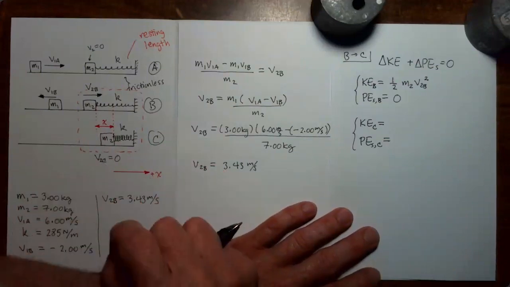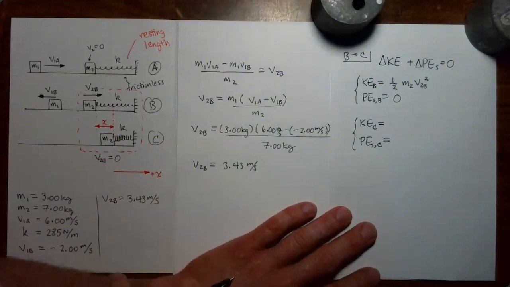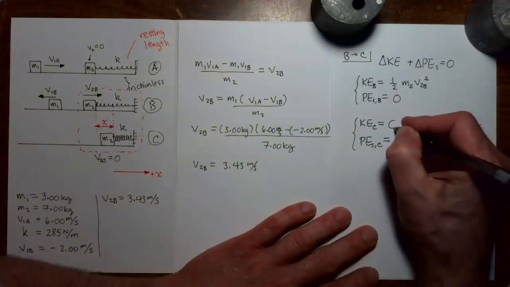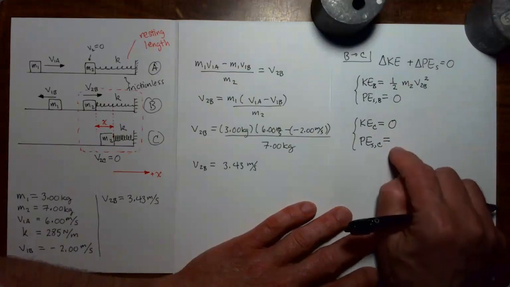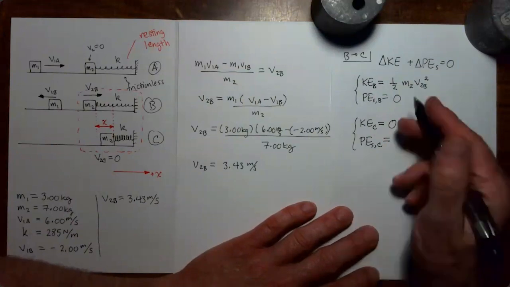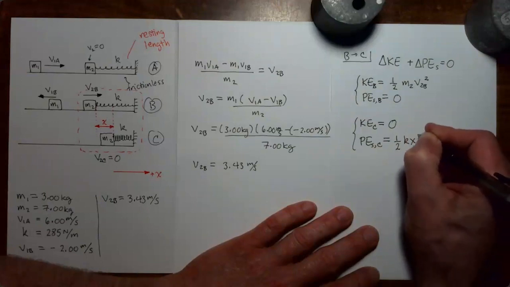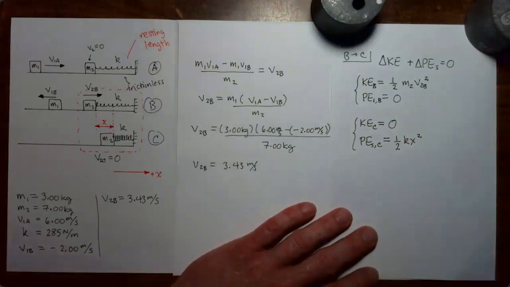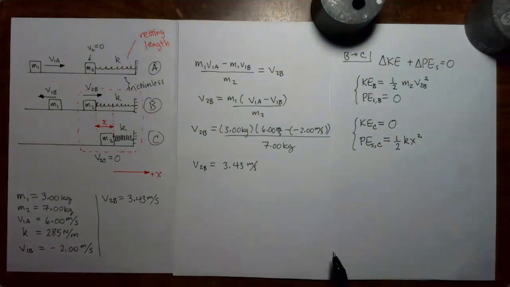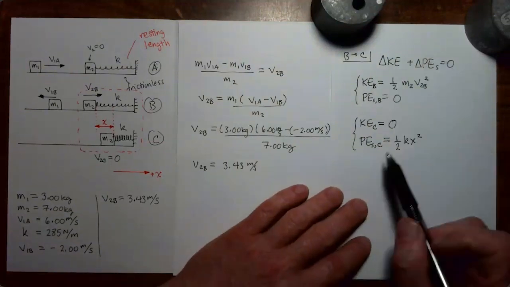In situation C, we have momentarily come to a speed of 0, so kinetic energy is 0, but then we have spring potential energy. The potential energy of a spring compressed through a distance x is 1/2 spring constant times the compression squared, or 1/2 kx squared.